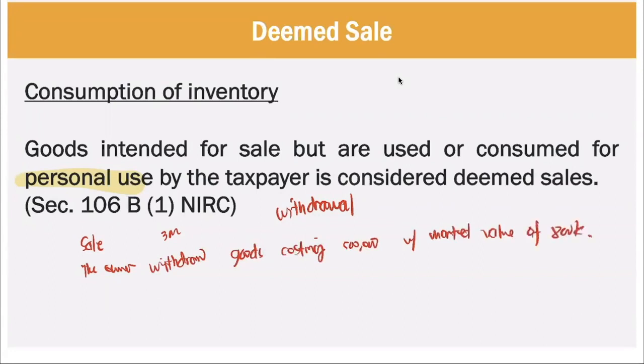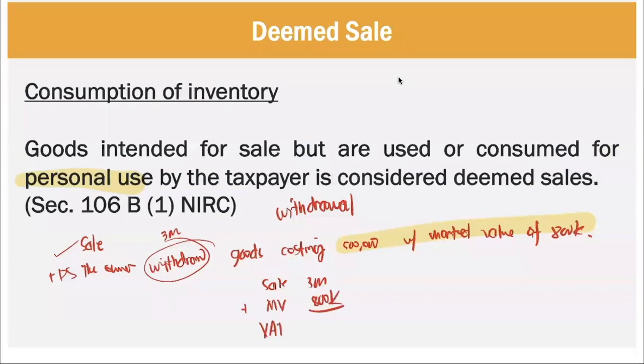Okay. So here, although we have this actual sale, we also include a deemed sale. What is the deemed sale? This is the withdrawal of the owner. What is the amount? The market value of the goods. 500,000 cost, 800,000 market value of the goods. So sale of 3 million and the market value, which is 800,000. What is the total subject to VAT? So VATable sales is now 3.8 million pesos.